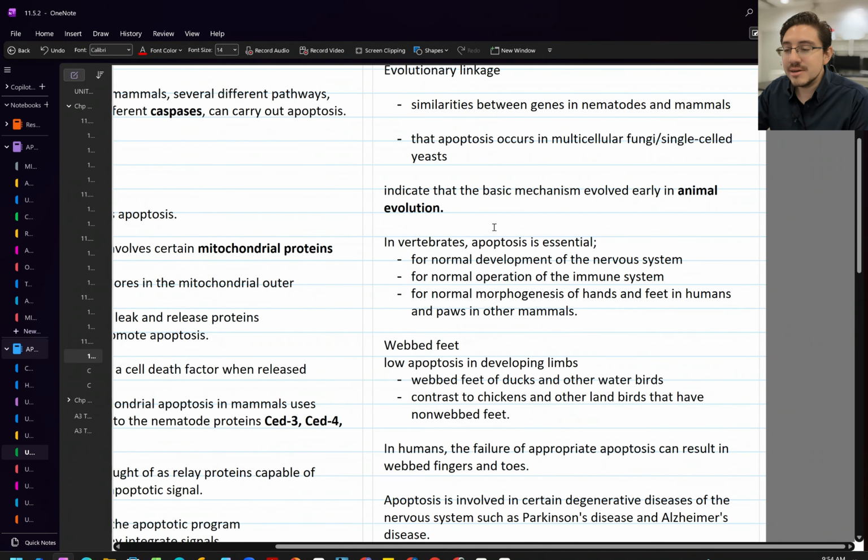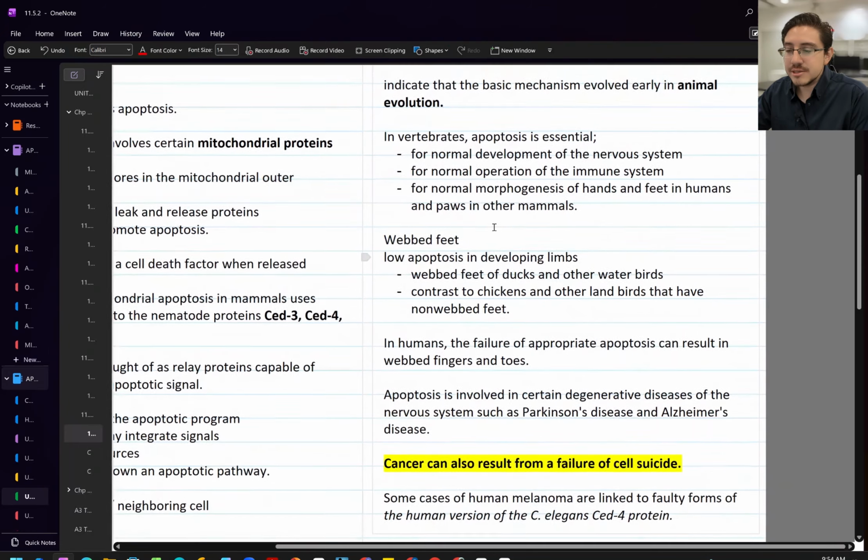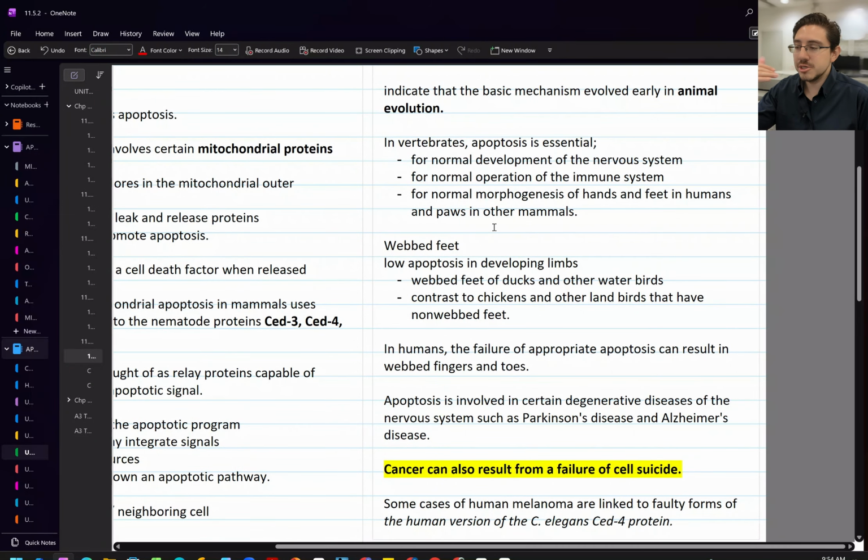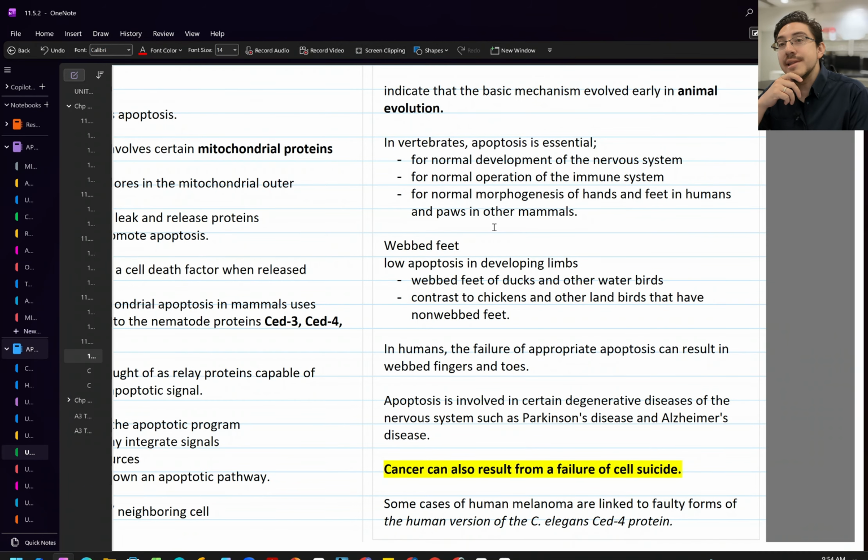Even in fungi, right? So this can tell us that there is some signaling mechanism in early animal evolution. So we're all related in that sense, in that we have this apoptotic signaling pathway.